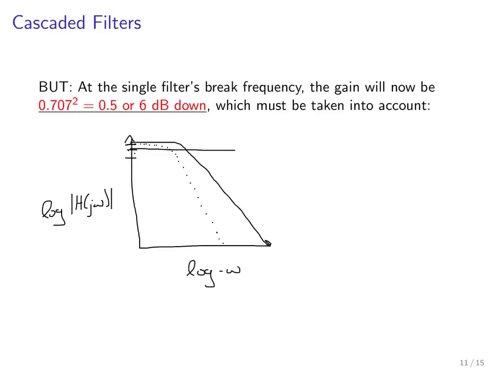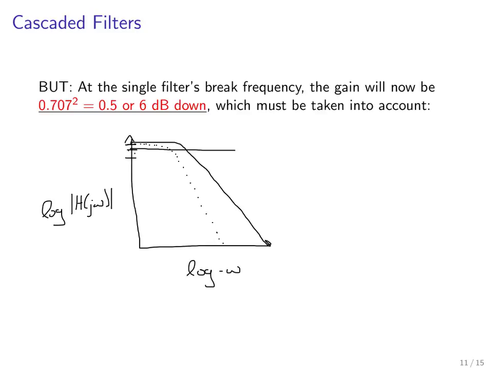So its 3 dB frequency is actually going to be at a lower frequency than the original filter. Once we cascade two filters together, we may have to push both of their corner frequencies a little bit higher, so that you don't attenuate your passband too much.